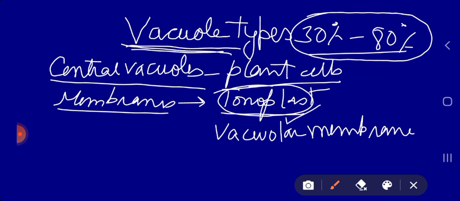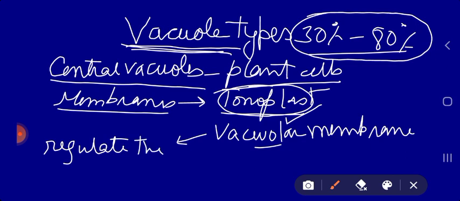So the function of this vacuolar membrane is to regulate ion movement around the cell and isolate harmful materials.